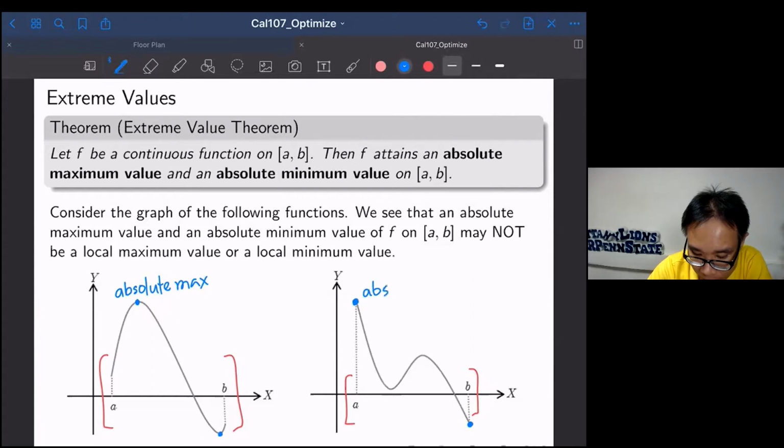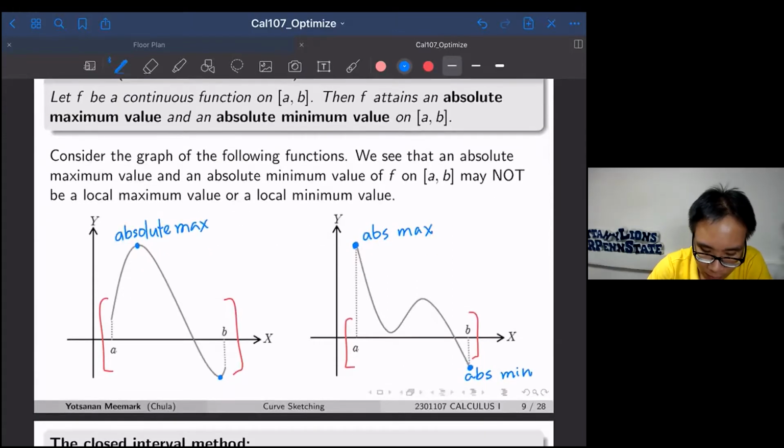By the way, you'll be able to call this one absolute minimum, and this one absolute minimum.